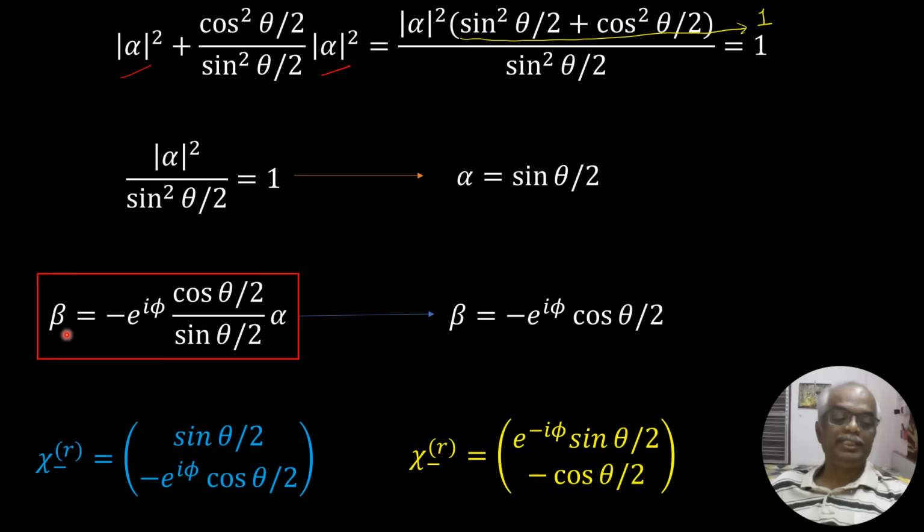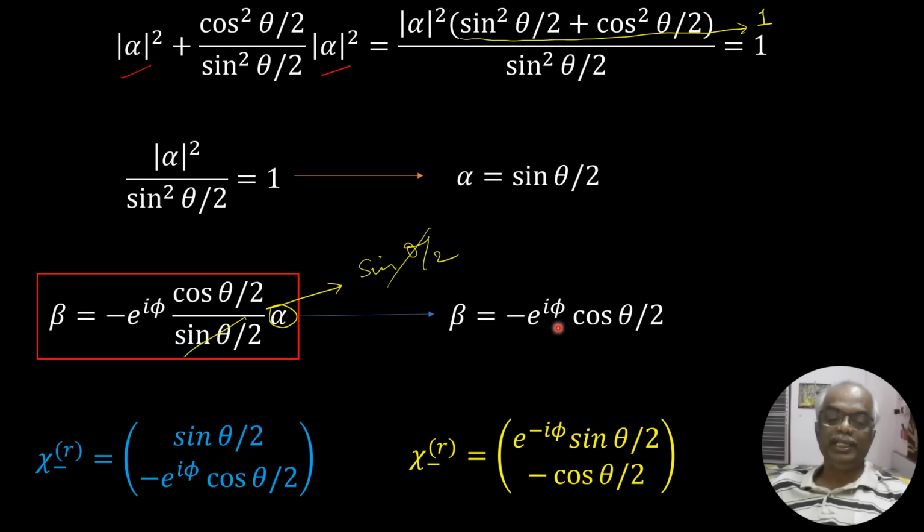We have seen just now beta equals minus e to the power i pi cos theta over 2 divided by sin theta over 2, multiplied by alpha. Here you replace alpha by sin theta over 2. So this sin theta over 2 and this sin theta over 2 will get cancelled.